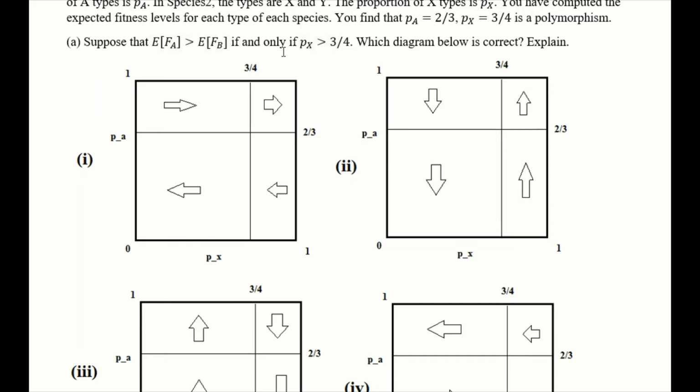This happens if and only if PX is high. That means that if PX were low, like if PX were just 0.1, then the B types would be fitter. So when PX is lower over here, and B types are fitter, that means PA is going down, so arrows should be following this region. That is indeed happening, so that means number 2 is correct.